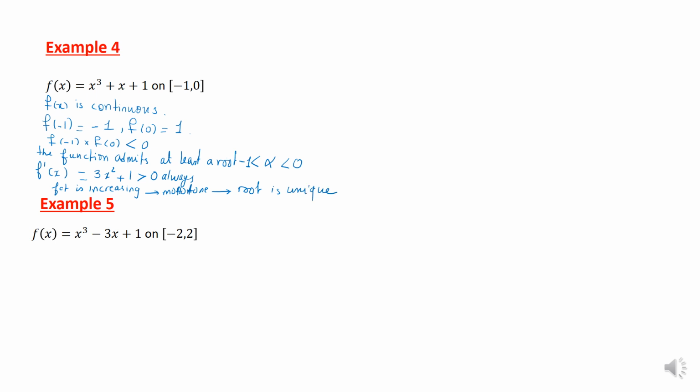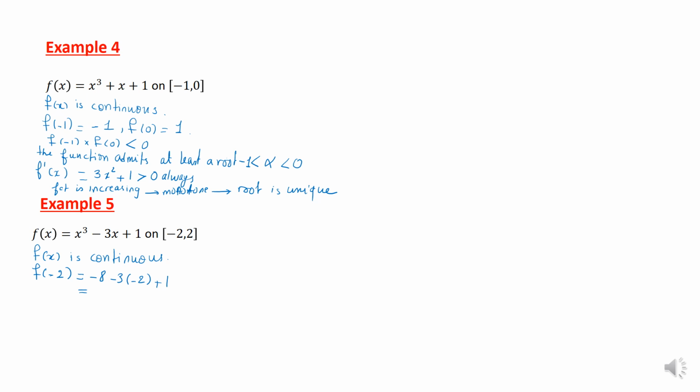Now, in example 5, same thing. The function is continuous since it is a polynomial. So f of x is continuous. We find the values at the endpoints. F of negative 2 is negative 8 minus 3 times minus 2 plus 1. So it is minus 8 plus 6 plus 1, minus 8 plus 7.